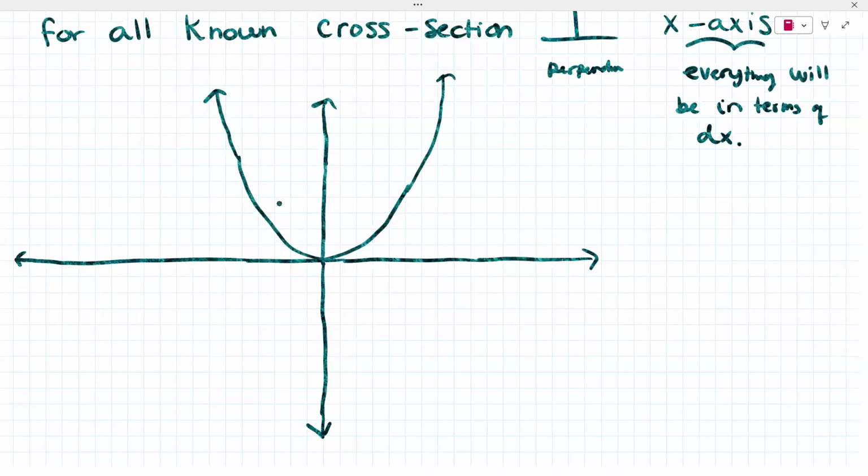And what else? x equals 2 is a vertical line. Let's pretend here's 2. It's a vertical line like that.